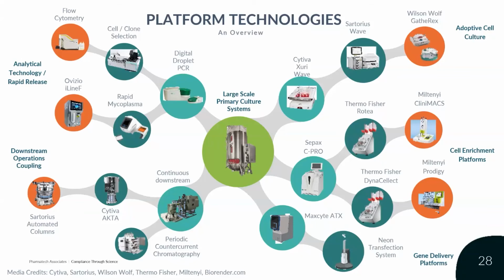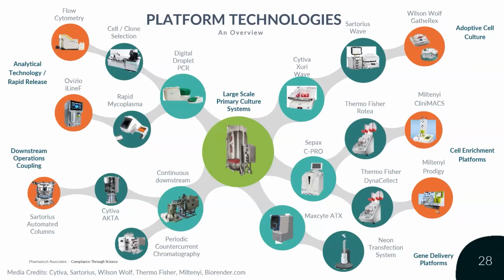Even these are getting lower and lower. So the footprint's getting so much lower with these devices that this is certainly a big deal for scale out, because if you talk about adoptive cell therapies, it's very difficult to scale them out if you don't have the right considerations in mind, which include facility design as well, by the way, which I'll get into shortly.